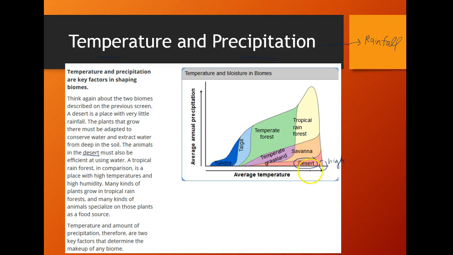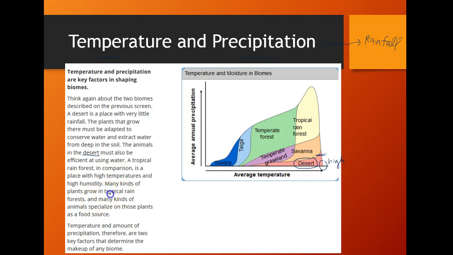The desert has very high temperature. But if we look at the rainfall, we see that it's very low, because the y-axis here describes the average annual precipitation, how much it rains every year. And compared to all the other biomes, the desert is definitely one of the lowest.